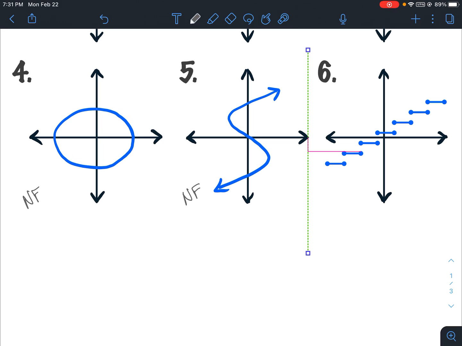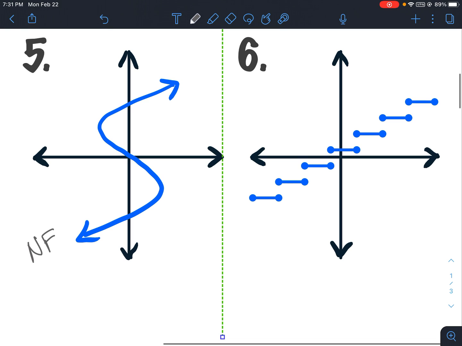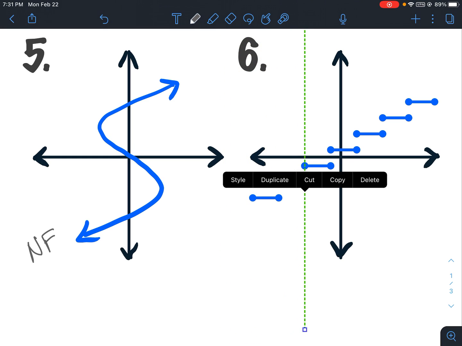The last one. Now the last one you're going to have to remember when you used to graph numbers on a number line, the difference between a closed-in circle and an open circle. If I put a vertical line here, it goes through this point here and this point here, making this not a function.